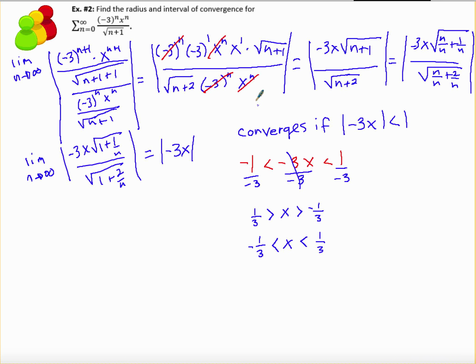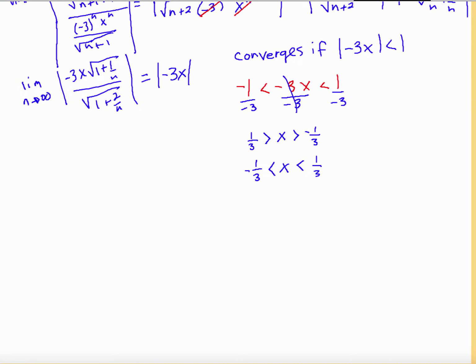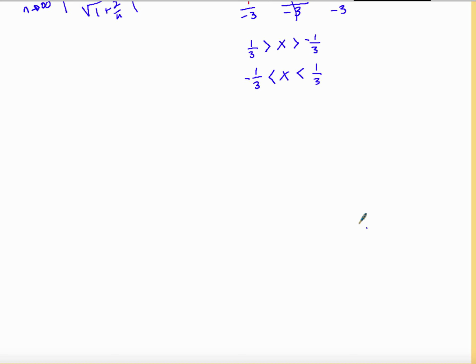So now what we're going to do is we're going to check those endpoints. Does it converge at negative 1/3? Does it converge at positive 1/3? Let's find out. So let's start with negative 1/3. So I'm just evaluating these endpoints now.